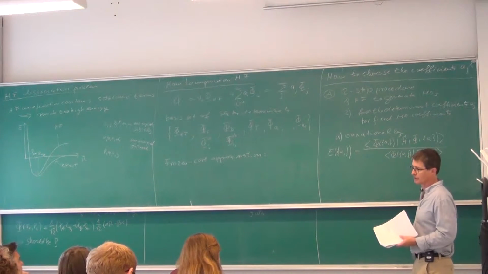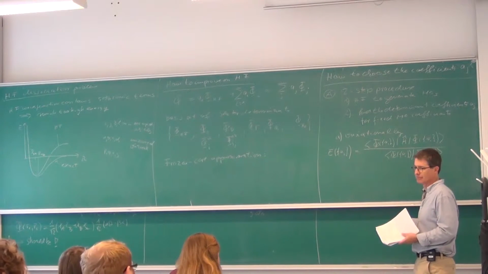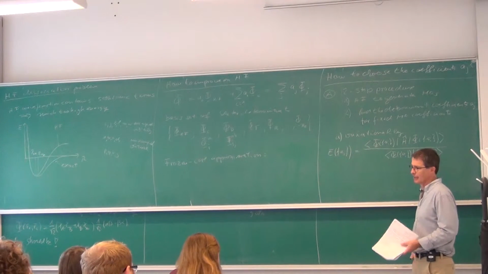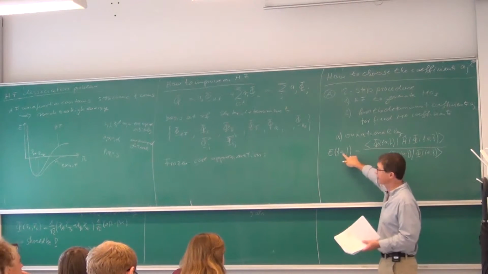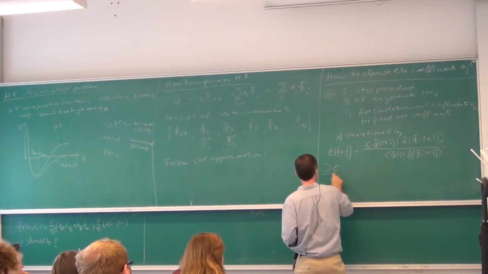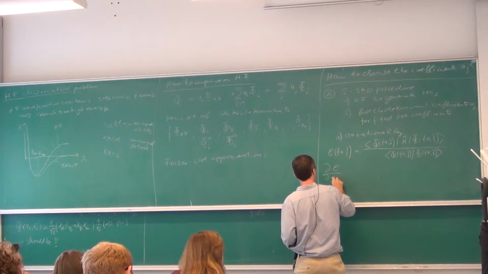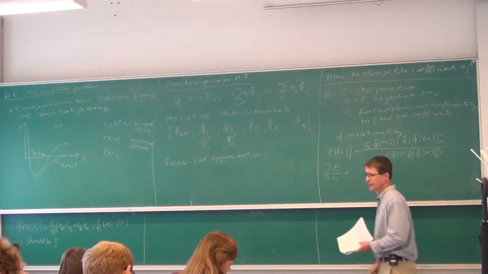There's a lower bound. You can't get below the exact energy. So let's get as low as possible, and that means let's find the minimum of this expression while varying the coefficients, which means we have to look at the derivative of the energy with respect to all those coefficients.